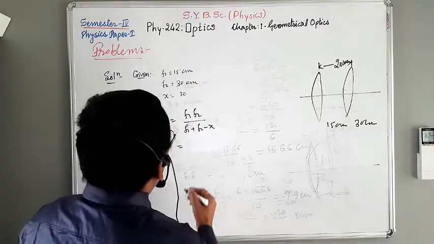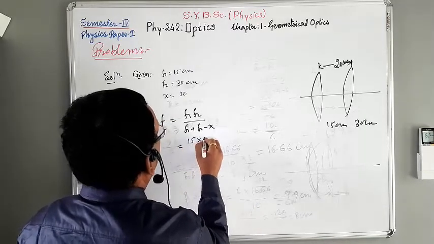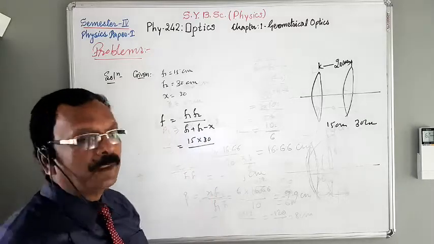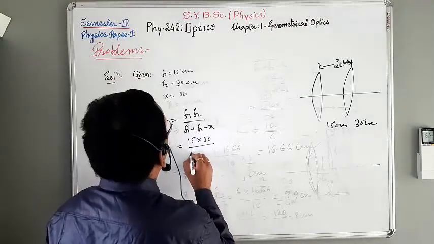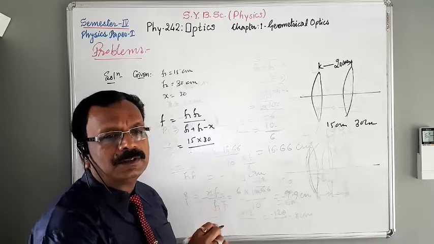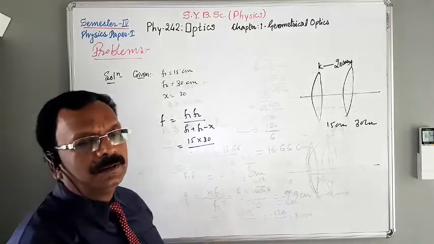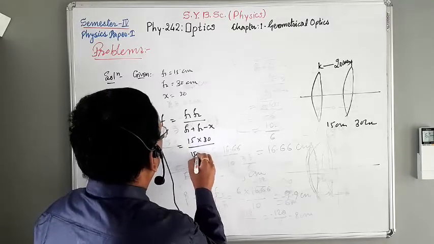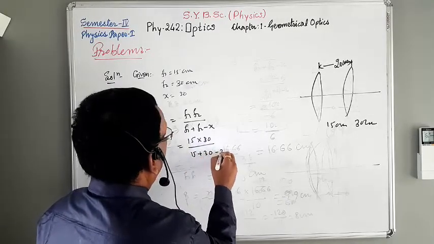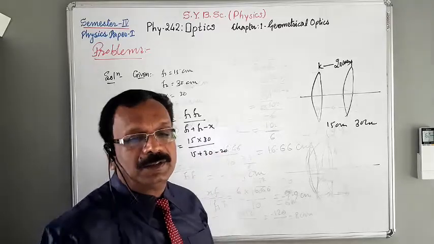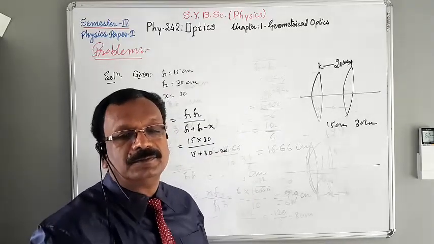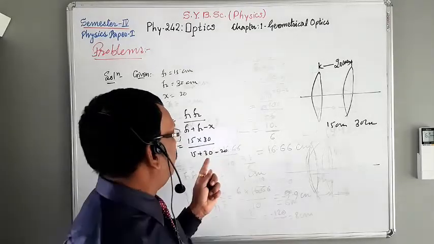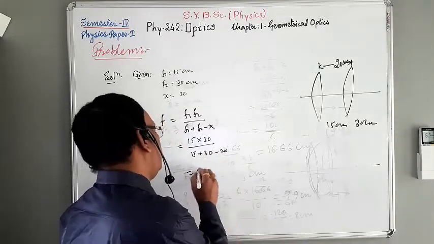Substitute the values from the given data: 15 into 30, upon 15 plus 30 minus 20. Solve this and you will get the answer. The answer will be 18 centimeters.